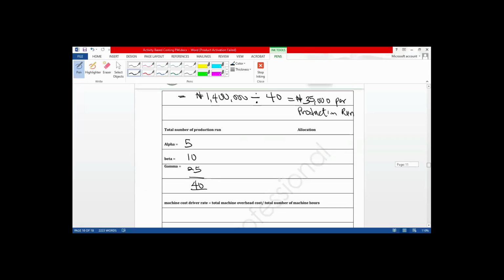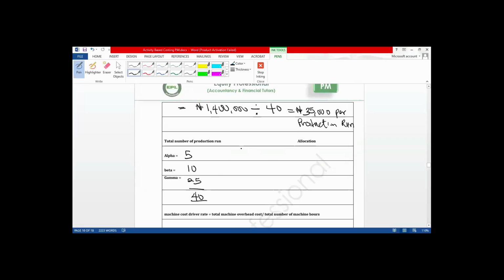Look at the allocation. Here I have 5 production run. And we said setup is allocated at 35,000 naira per production run.